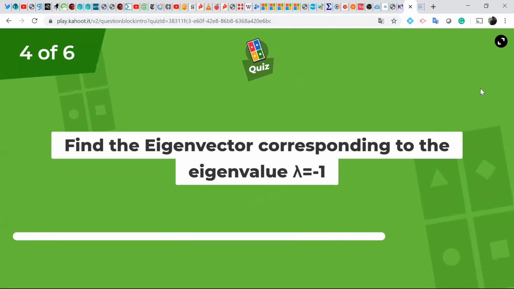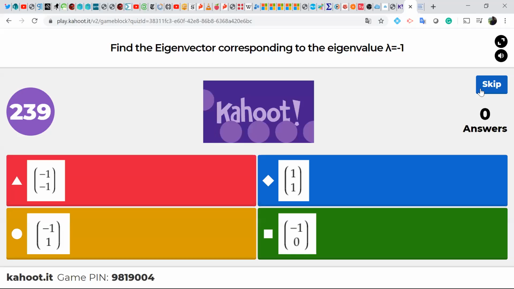Now, once we have the eigenvalues, we can find the eigenvectors. So let's find the eigenvector corresponding to lambda equal to negative 1. So remember, you need the matrix A minus lambda 1 times the coefficient matrix.